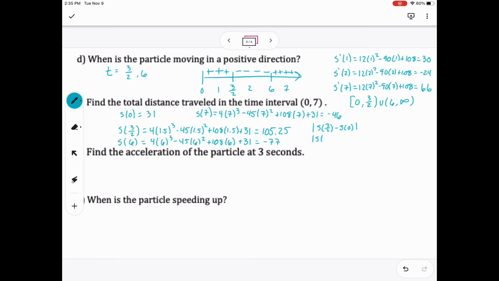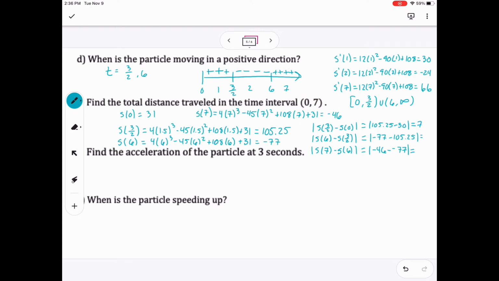So I need to find the distance from 3/2 to 0 in that time frame, from 6 to 3/2, and from 7 to 6. And so subtracting those position values will give me their distance in meters. Now notice I'm using the absolute value there because distance is always positive.